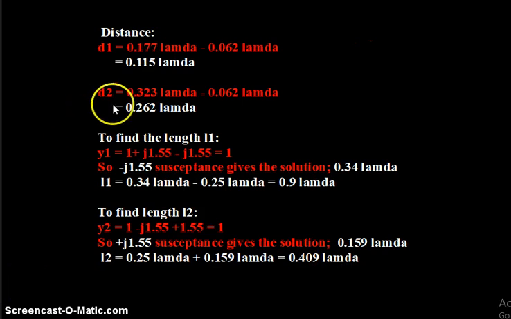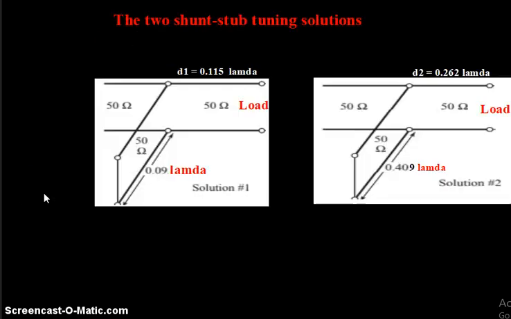So here we are calculating D1, D2, L1, L2. Using this, we are going to draw the circuit. From the load to the stub location is D1, that is equal to 0.115 lambda. Then the length of the stub is 0.09 lambda.